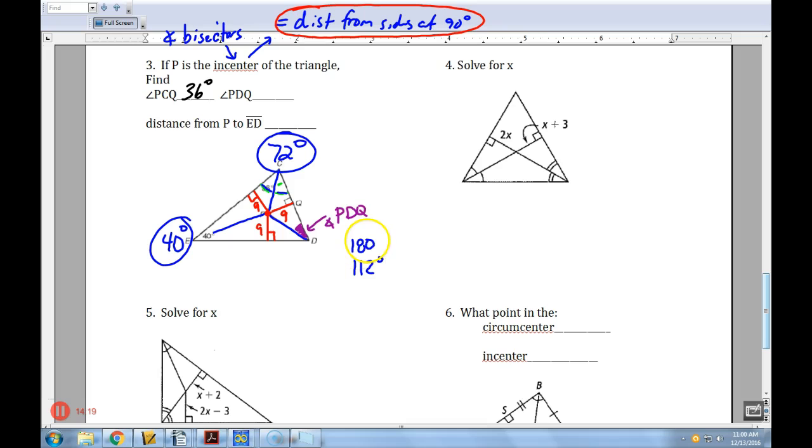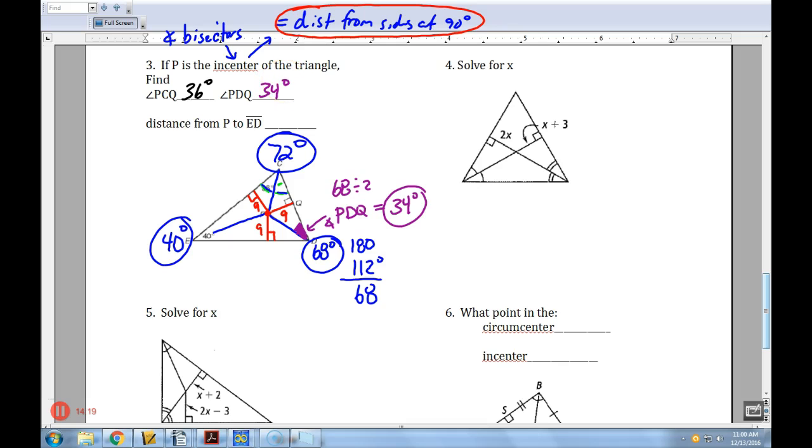Subtract from 180. That means that angle D, the whole thing over here, is 68 degrees. Now, PDQ should be exactly half of that, because PDQ is just this sliver up here, and this was an angle bisector. So when I take 68 and divide it by 2, I believe PDQ is 34 degrees.